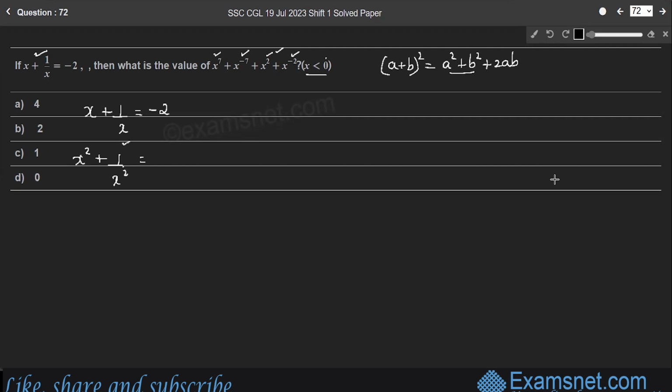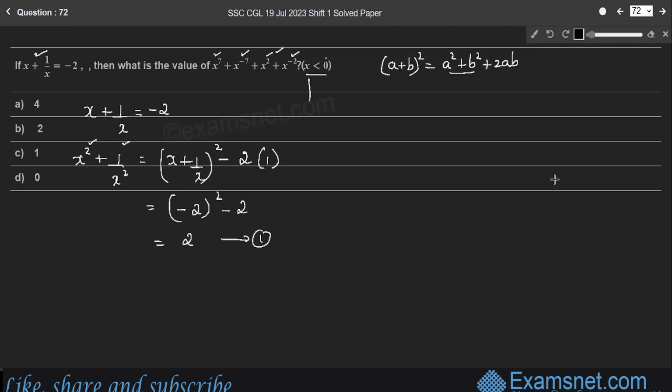Similarly, x square plus 1 by x square becomes x plus 1 by x the whole square minus 2 times ab. A is x and b is 1 by x, so x into 1 by x becomes 1, so 2 into 1. Since x plus 1 by x is minus 2, it becomes minus 2 the whole square minus 2, which is equal to 2. Consider this as equation 1.